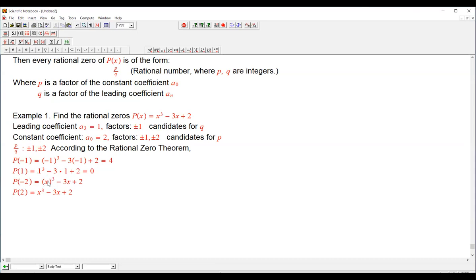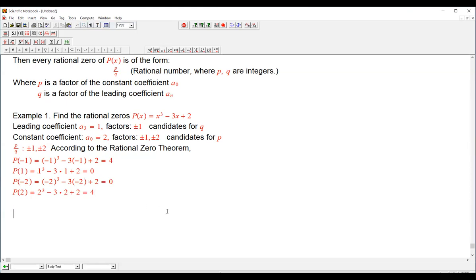Replace x by negative 2, and we evaluate. Oh, we got another 0. Great, we got 2 rational zeros.